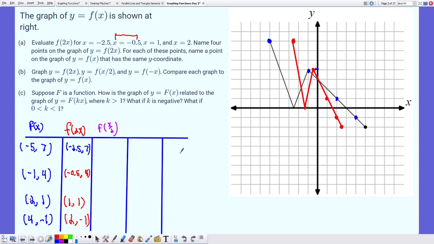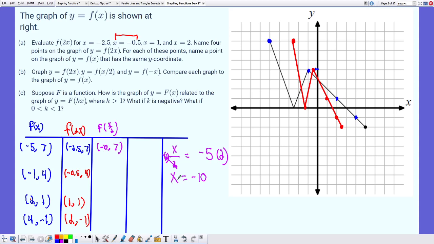You might have some good arithmetic skills so you can figure it out right off the bat, but if you wanted to do it algebraically, set it up like this. X over 2 equals negative 5, and then all you have to do is multiply by 2 on both sides to solve for x to get that negative 10 is going to be our new x value. Negative 10. And I should get the proper y value of 7.